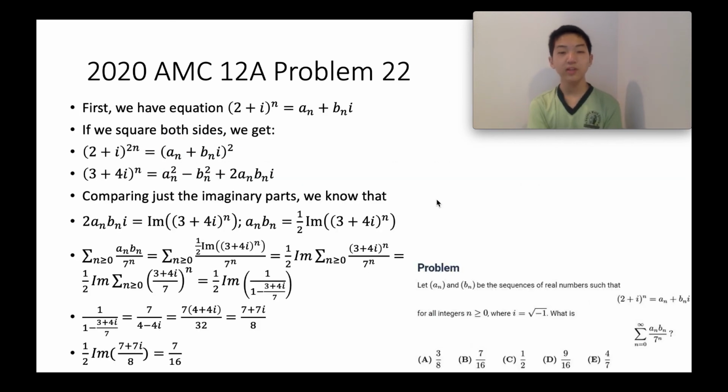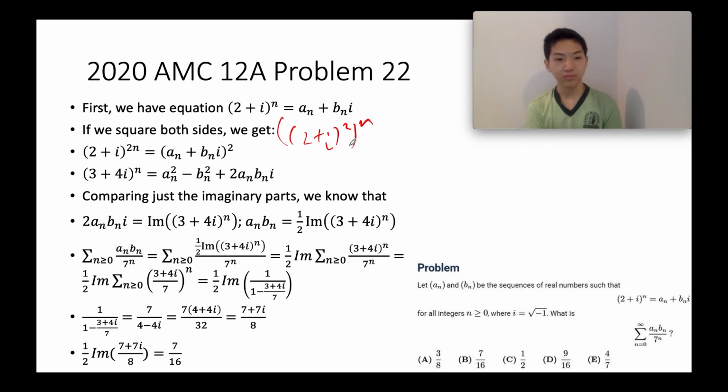So first, we'll look at the given equation: (2 plus i) to the nth power is equal to a sub n plus b sub n i. If we square both sides, we get (2 plus i) to the 2n is equal to (a sub n plus b sub n i) squared. Remember that property works in reverse: we can also say that that is equal to (2 plus i) squared to the nth power.